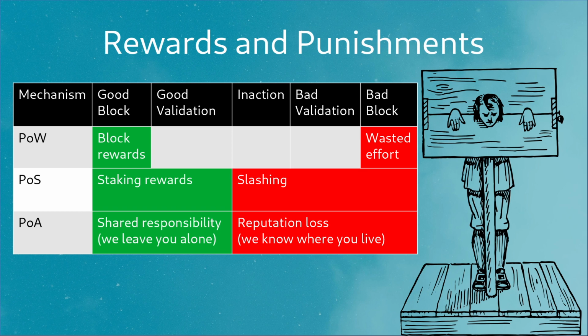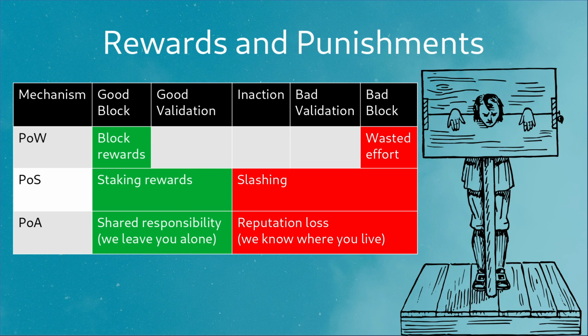To give the validators an incentive to behave well and do what they have to do, they have to get rewards when they behave well, and they have to be punished when they behave badly. With proof of work, the rewards and the punishments are limited.